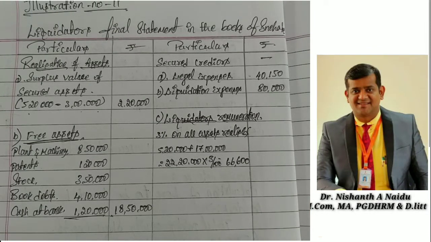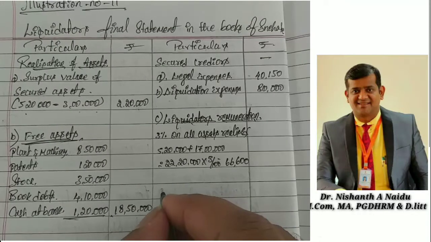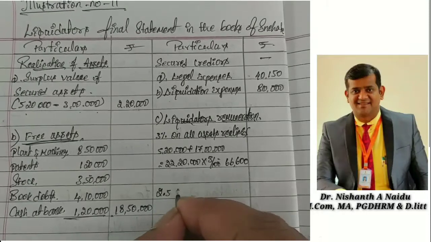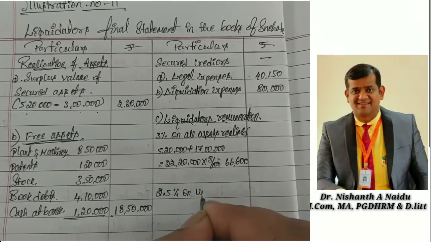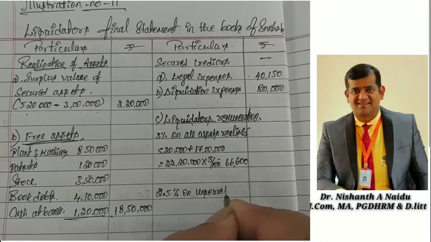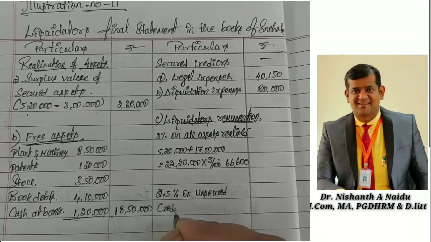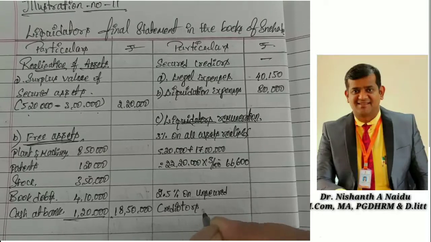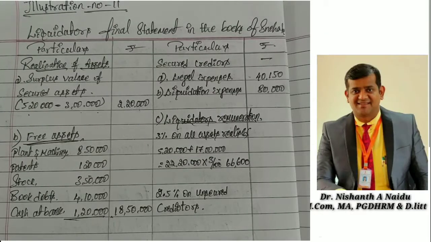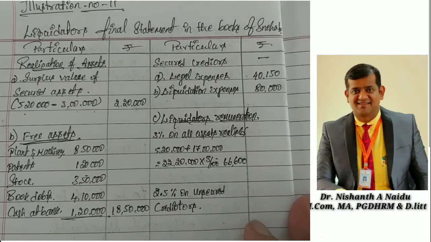Then he says, and a commission of 2.5% on amount distributed among unsecured creditors. 2.5%, correct? So 2.5% on unsecured creditors. How much unsecured creditors is now? We don't know, so we have to do a working note to identify unsecured creditors.